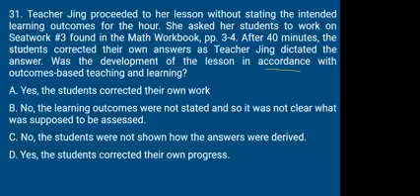Letter A, yes, because the students corrected their own work. Letter B, no, because the learning outcomes were not stated and so it was not clear what was supposed to be assessed. Letter C, no, the students were not shown how the answers were derived.